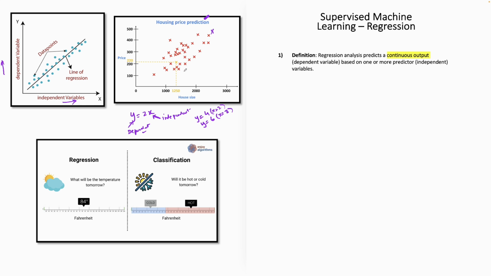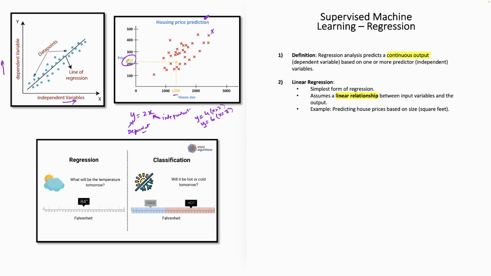If you bring your test data where the house size is somewhere around 1250, then you should be able to figure out the dependent variable. You'll figure out that the cost of the house might be somewhere between 200 and 300, maybe around 220. This is just prediction, not actual. Remember, this is just prediction.